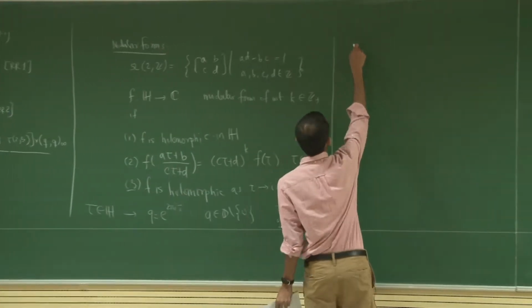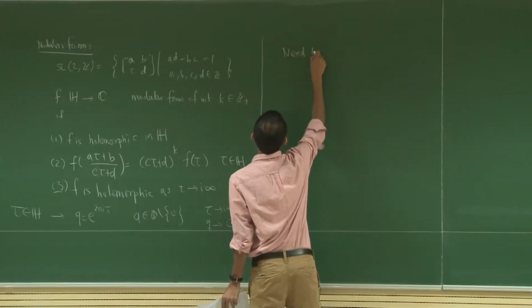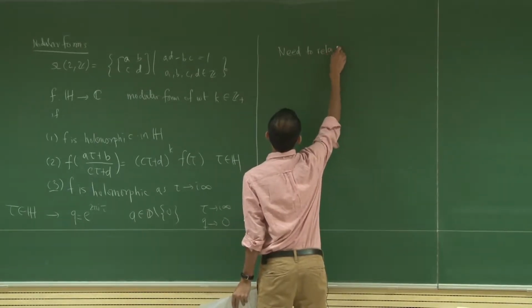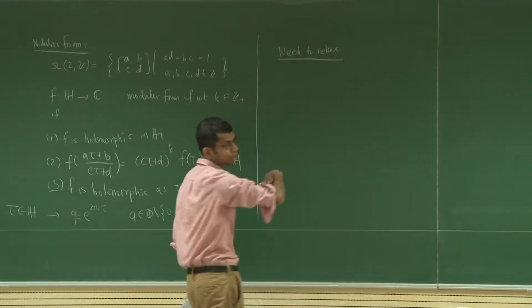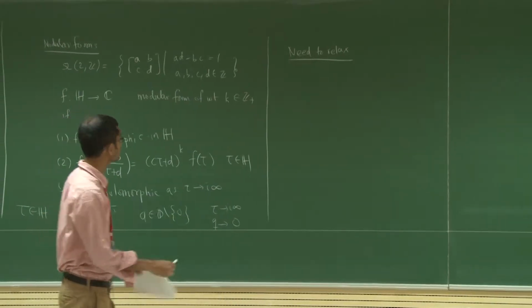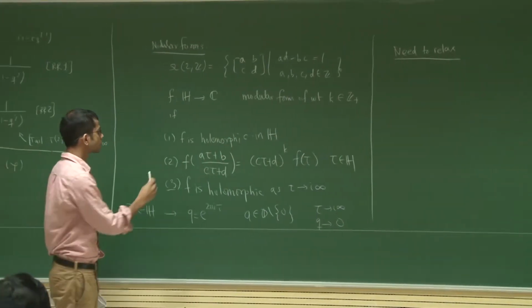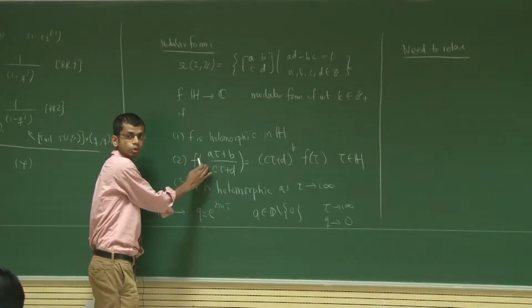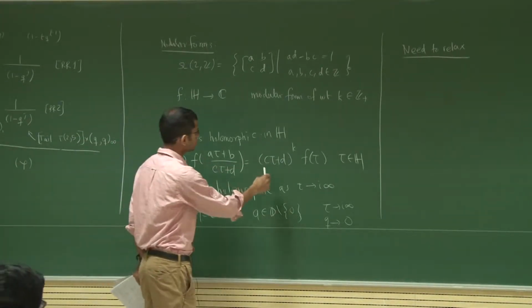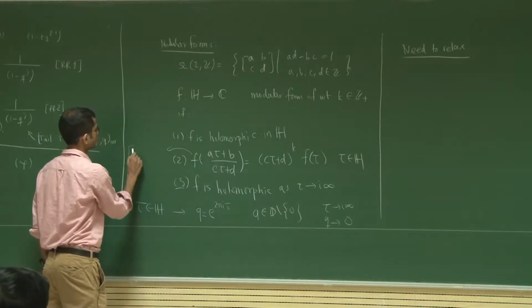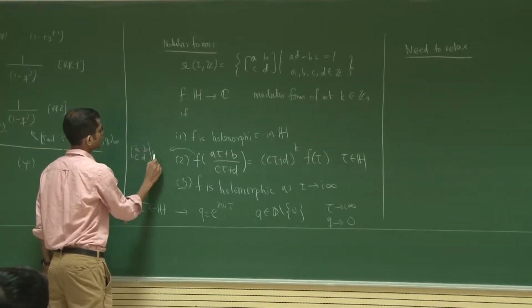So you need to relax many of these, and I will not give the precise relaxation, but I will just indicate what people relax in these conditions. Here I did not mention that a, b, c, d belongs to SL2Z.